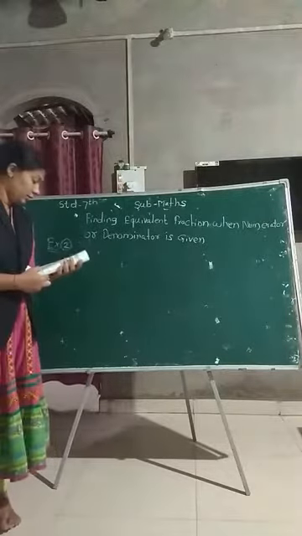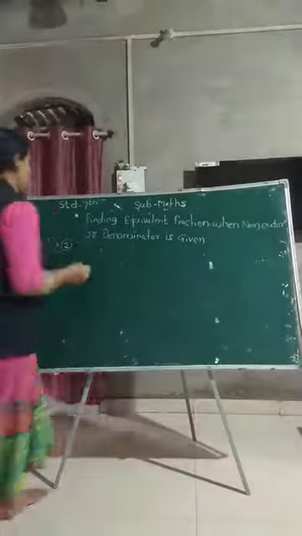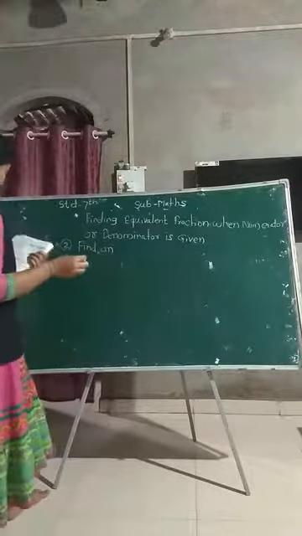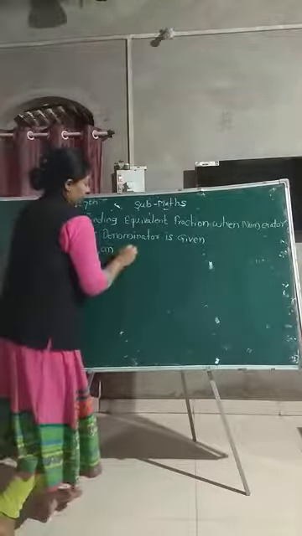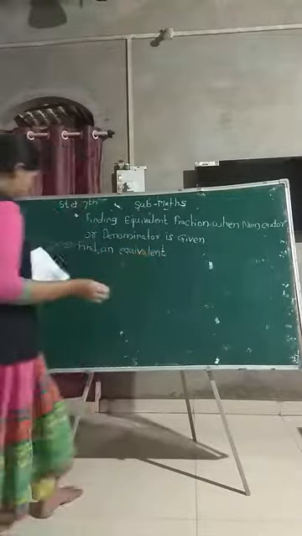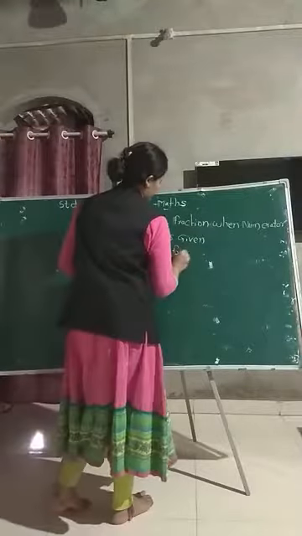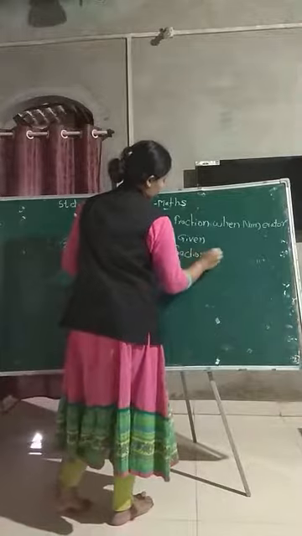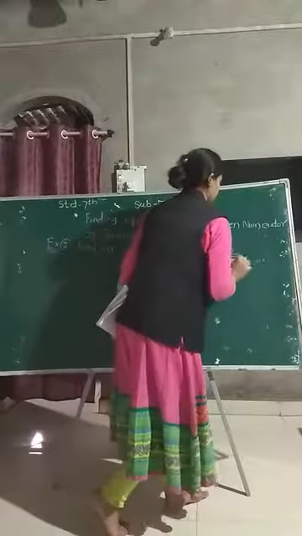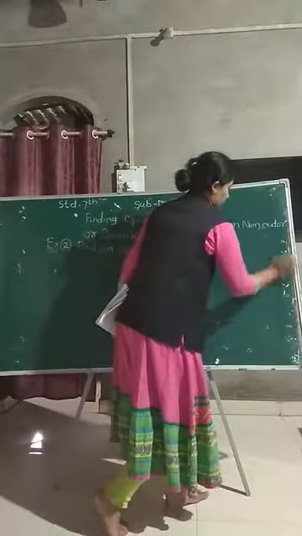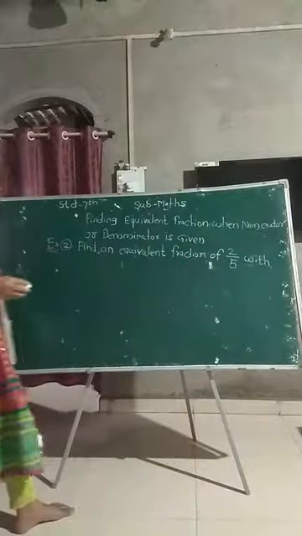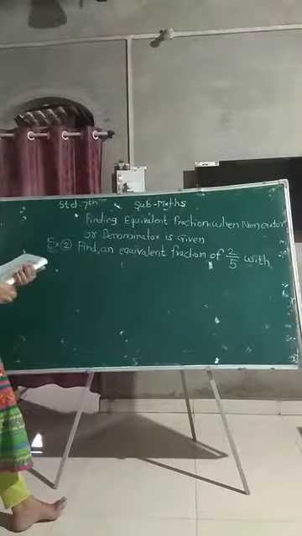Example second is find an equivalent fraction of 2/5 with denominator 15.